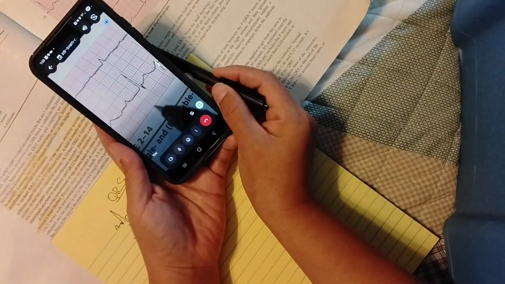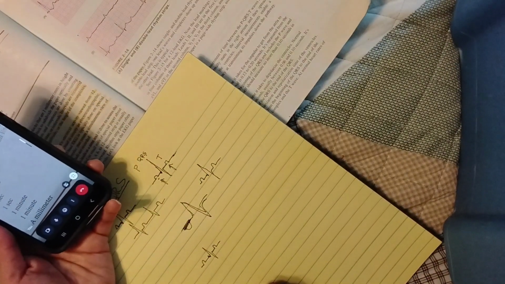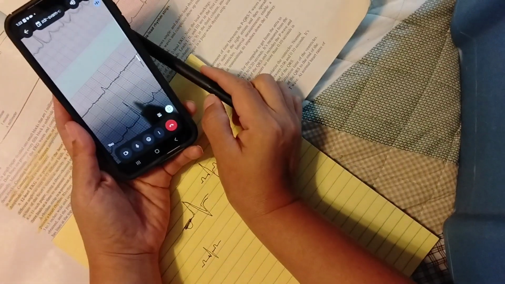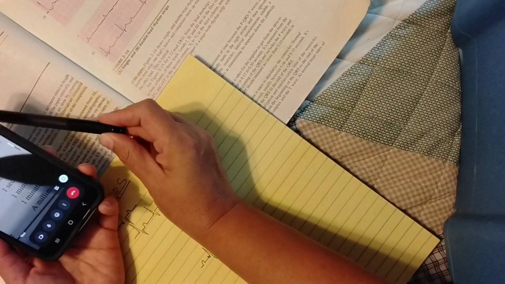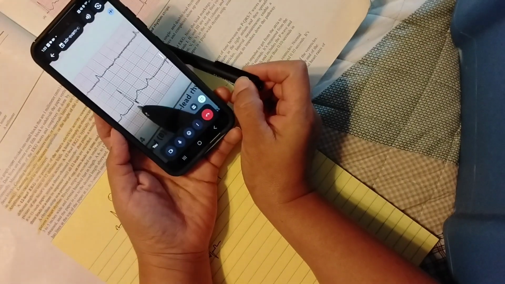Each little square is 0.04 seconds, and you're gonna need your glasses. If you don't wear glasses, you're probably gonna need them, because you're gonna have to be able to see these things. So each one of the little ones is 0.04, and see how every 5 is 0.20 seconds.